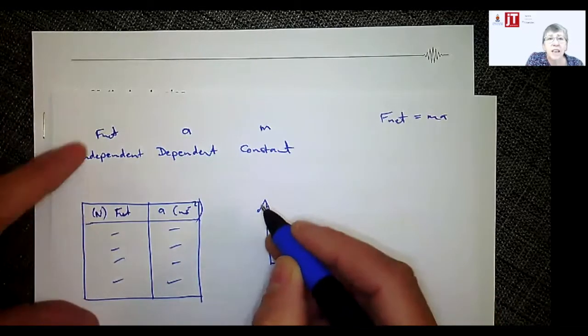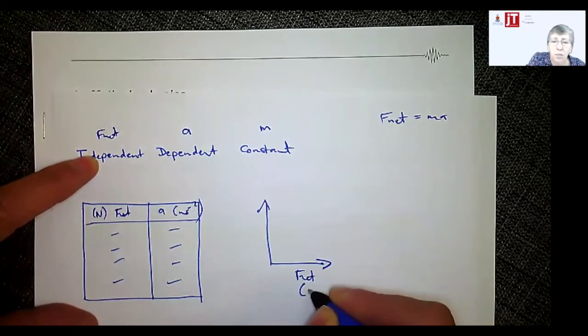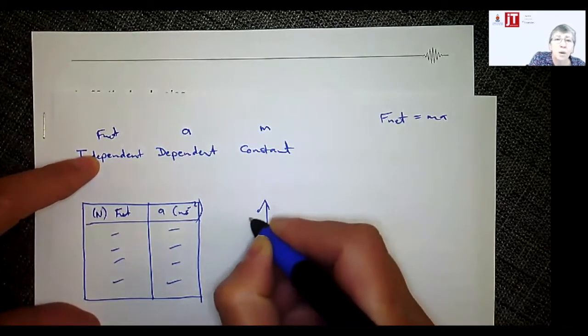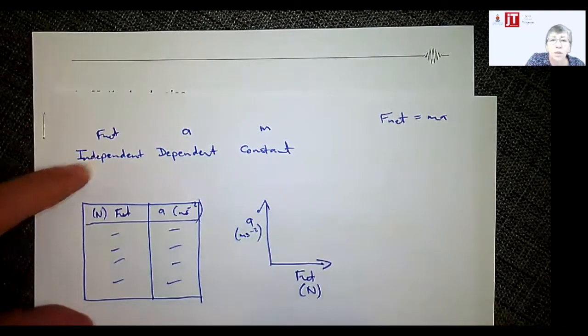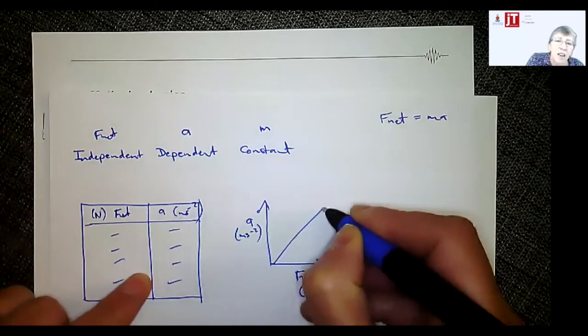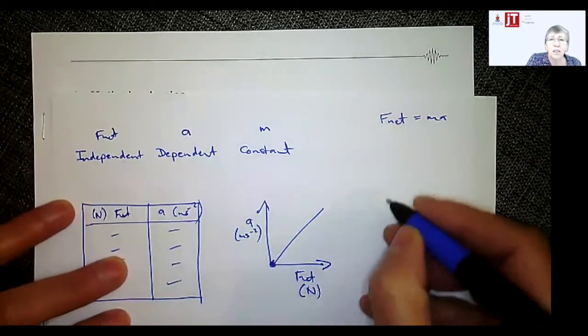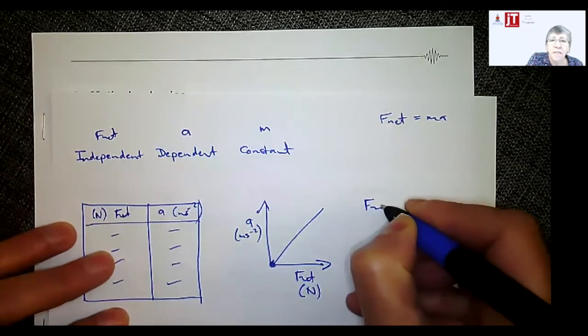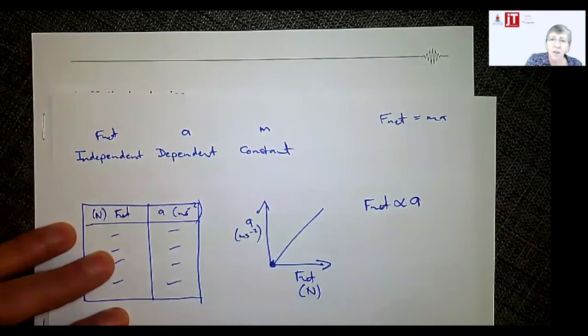We always take the independent one that we changed and put it in the x position, and the one that we measured will go into the y position, right? Now, when they did that, they got a straight line through the origin. And a straight line through the origin means that F net is directly proportional to A. What does directly proportional mean?